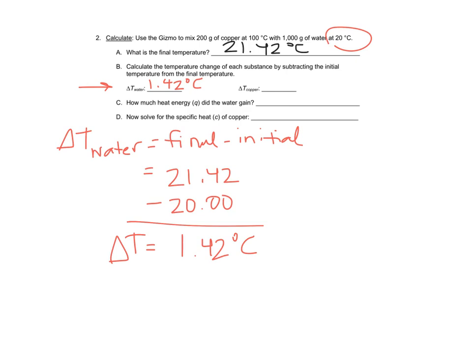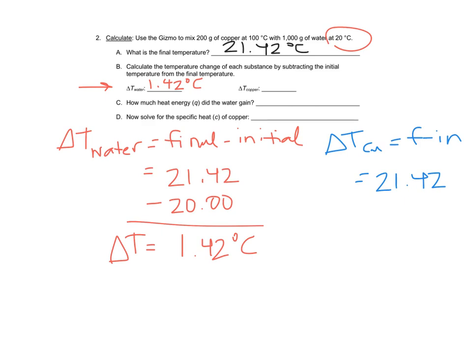All right, and then we're going to do the same thing with copper. So our change in temperature for copper this time is going to be final minus initial. So in this case, our final temperature, again, is 21.42. Because remember, that's when both of them hit thermal equilibrium. It means they're both the same temperature.